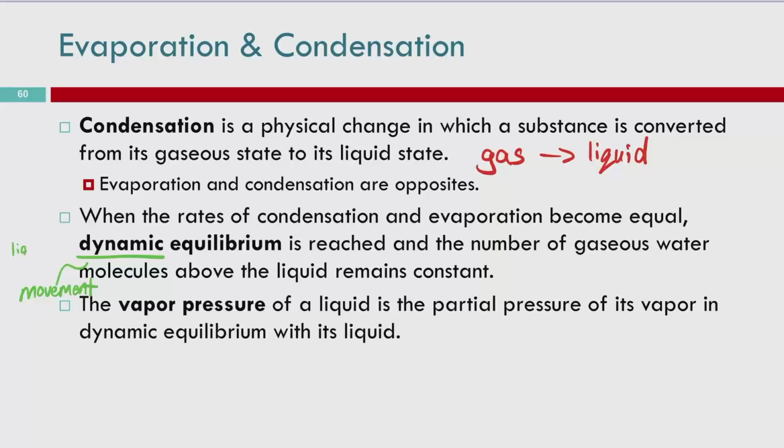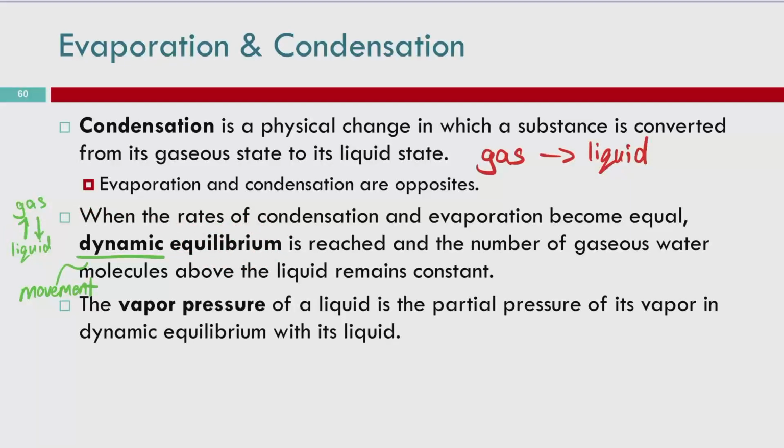We'll represent these processes by the size of the arrow. They're the same size arrow, right? So there's some moving in both directions. It took me a while to get the arrows going opposite directions. And the equilibrium part means that the arrows are the same size.